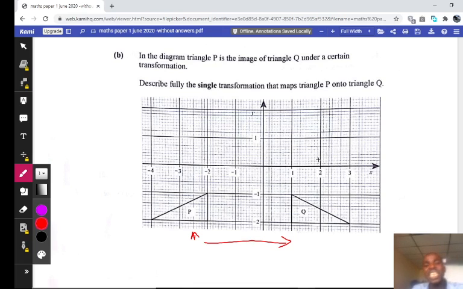No, in a translation the shape would face the same direction. Can it be a rotation? No, the shape has not changed in this way. The image is facing exactly the opposite direction to the original shape. So what type of transformation is that?